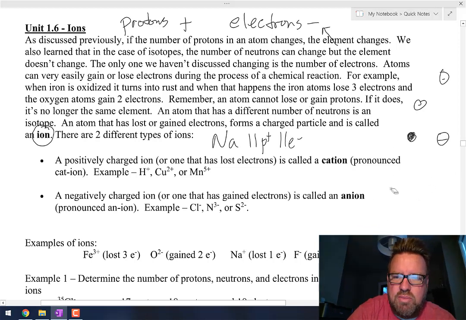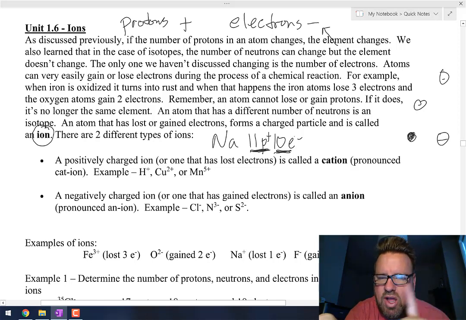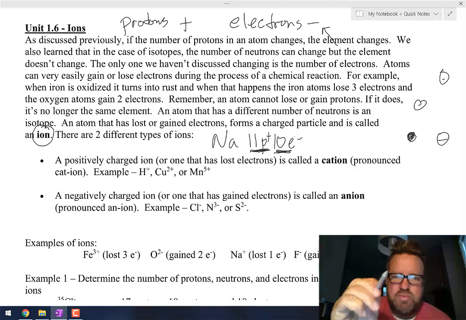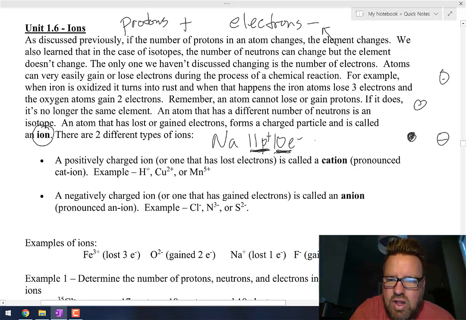But if sodium loses an electron, now instead of having 11, it only has 10. So now let's look at all the charges in total here. There are 11 positive charges and only 10 negative charges, because remember, it lost an electron. Another atom came along and took that electron from sodium.